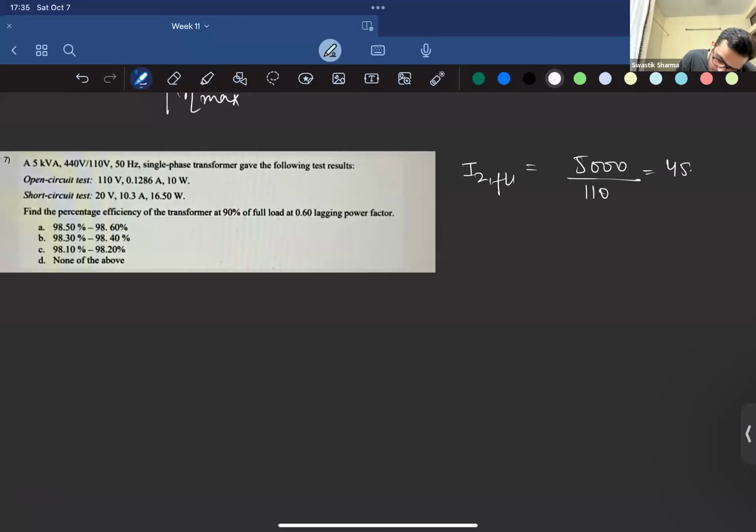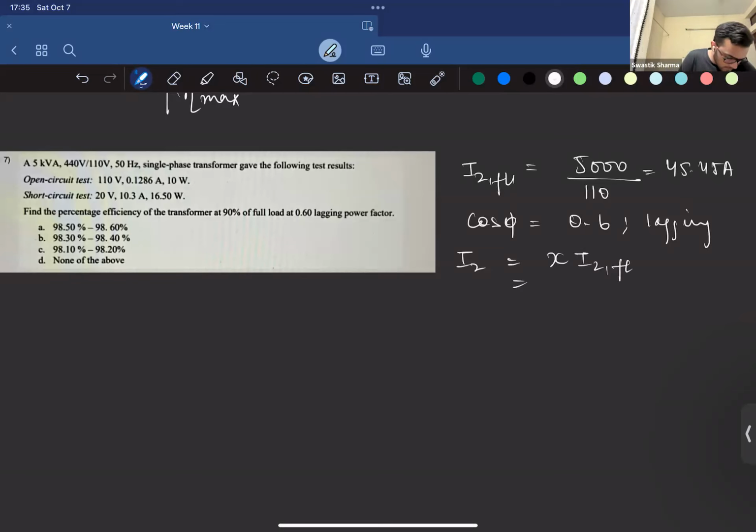This is 45.45 amperes. And the load is at 0.6 lagging power factor. Now I2 will be X times I2 full load, which is 40.91 amperes. We got this relation.